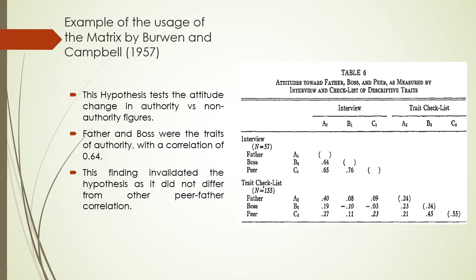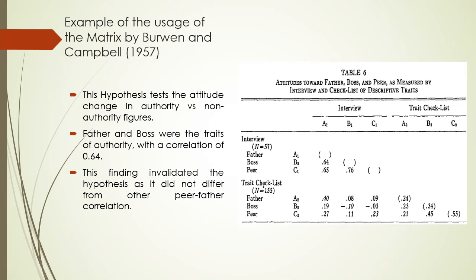So as you can see over here in the matrix, when we look at this specific cell that compares boss to father, you can see that the correlation is very high, which means the attitude is very correlated between the father and the boss, which proves that there is convergent validity in this research.